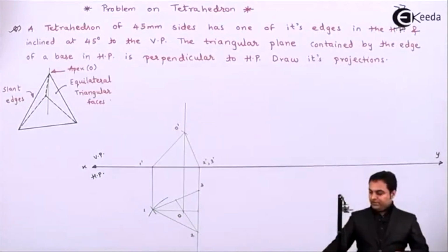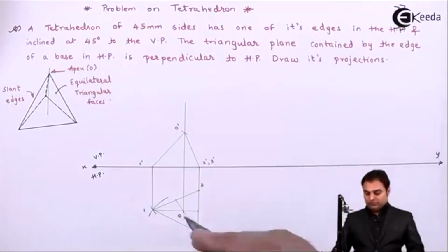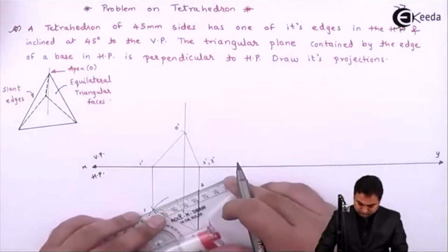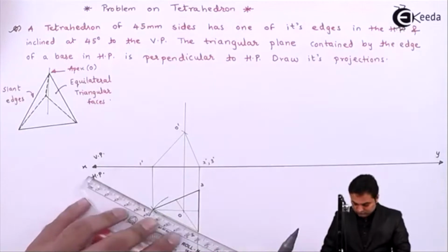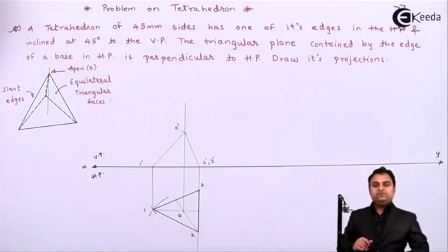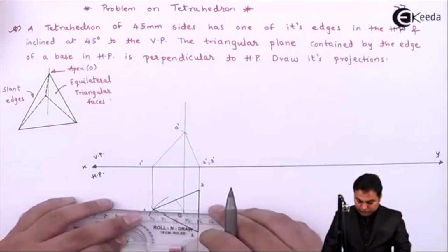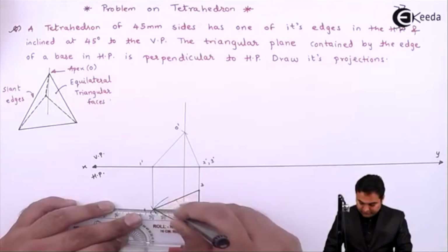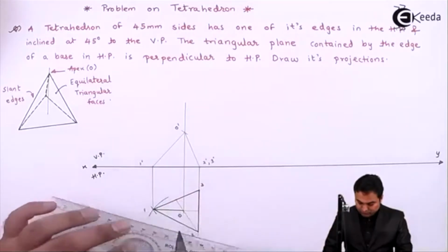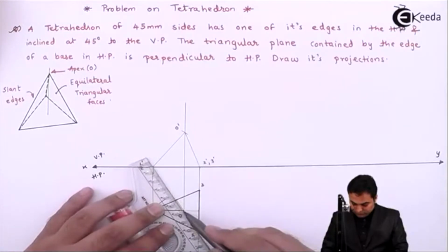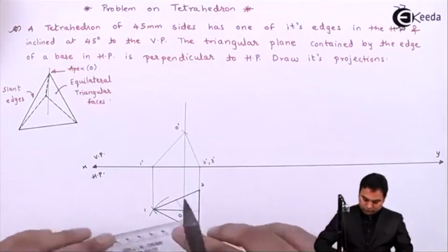Next, here I have completed the initial condition of the problem, so I'll make it dark. Then the triangular faces will be visible from top, so joining the corners to the apex to get the slant edges, O to 1, then O to 2, and next O to 3.